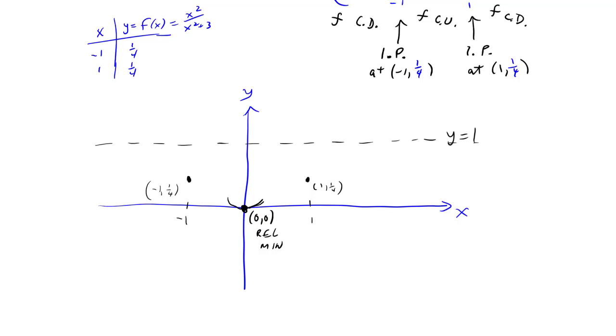So it's concave down. I'm going to get rid of some of this and redraw it. All right, it's concave down from a minimum at 0, 0 until it gets to 1, and then it's concave. It's concave up until it gets to 1, and then it's concave down, so it has to turn. And that makes sense because it eventually has to create the asymptote at y equals 1.